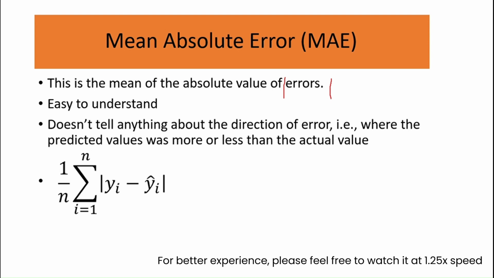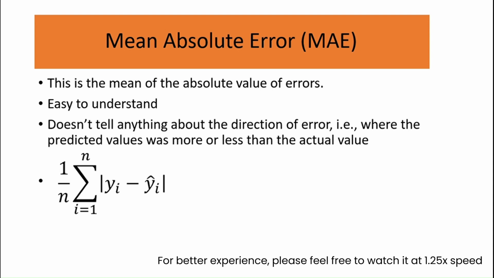It is easy to understand, but it doesn't tell us anything about the direction of the error, that is, whether the predicted value was more or less than the actual value. So the mean absolute error is the mean of the absolute value of errors. For all of the given values, we have y, the actual value, minus y cap, the predicted value.